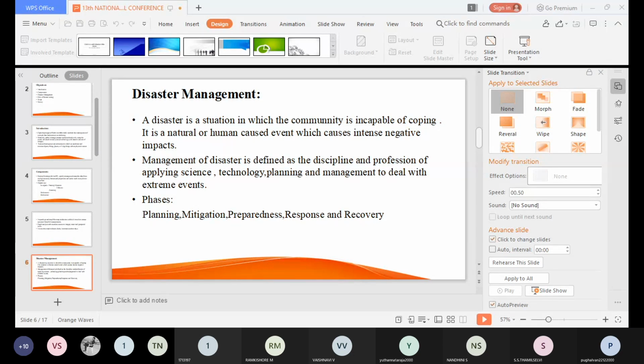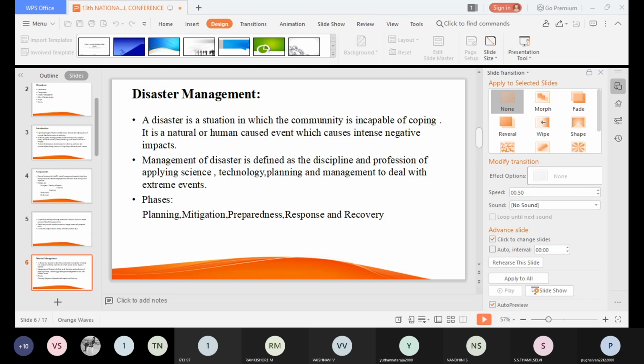So a disaster is a situation we cannot avoid. So in that situation, how are we going to manage that situation? That's what we call disaster management.